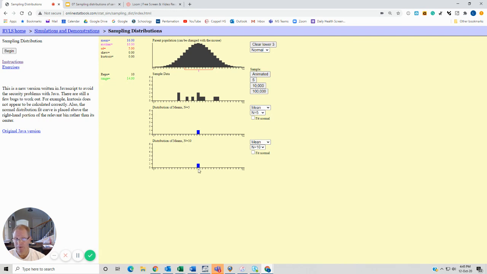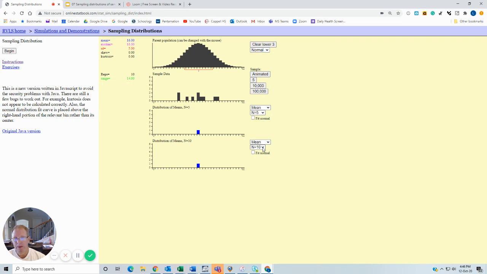Maybe it's the same, maybe it's different. So this level right here is going to be our sample data. This right here will be a sampling distribution of sample means when the sample size is whatever number I specify here. And this is the sampling distribution of sample means when the sample size is this.